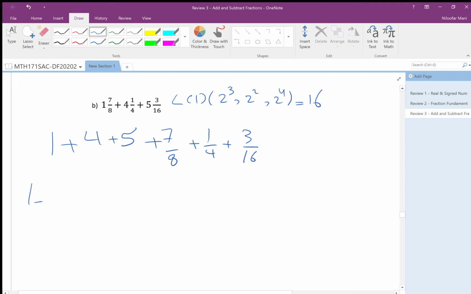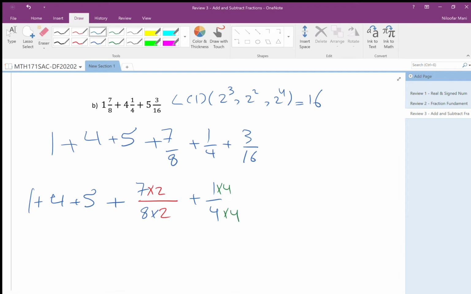So it's 1 plus 4 plus 5 plus 7 times 2 divided by 8 times 2, plus 1 over 4, I multiply the denominator by 4, the top as well, plus 3 over 16.